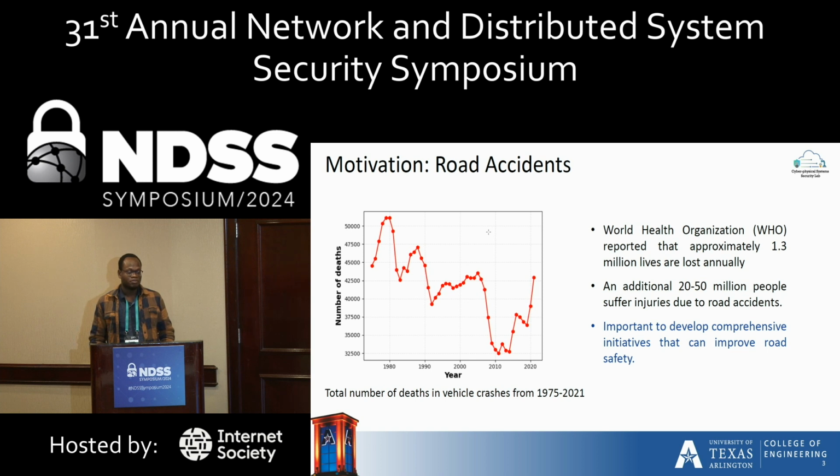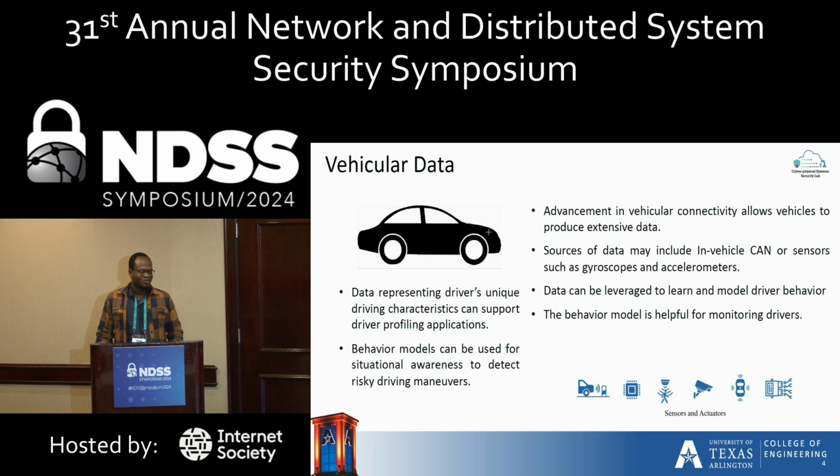And so it is very important for us to develop comprehensive techniques to reduce deaths and also to reduce car theft. And that was why we tried to come up with some approaches that we can use to at least be able to detect risky driving behaviors on the road, and also to be able to profile drivers. And one thing we leverage is vehicular data.